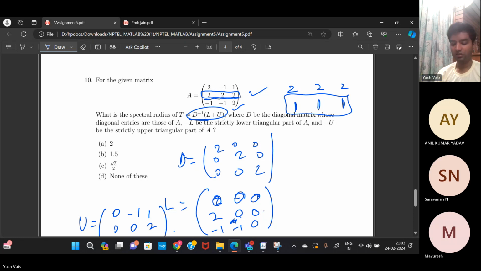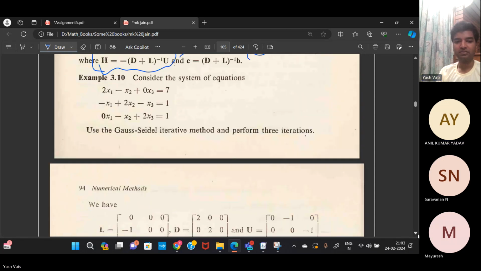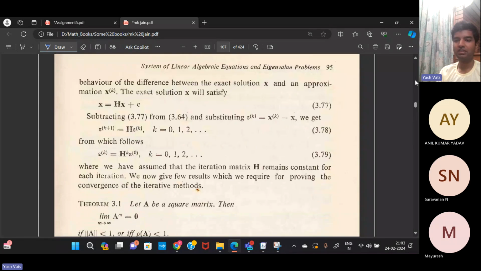Okay. So, yeah, let me discuss some assignments now. Sir, what is the meaning of converge in the case of matrix? I'm not getting this point. What is the meaning of convergence? Okay, in this book, you can see the convergence analysis.